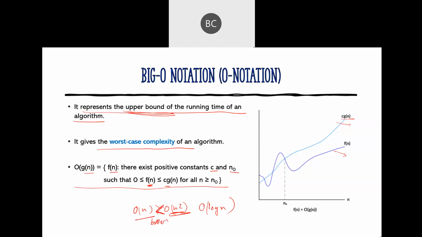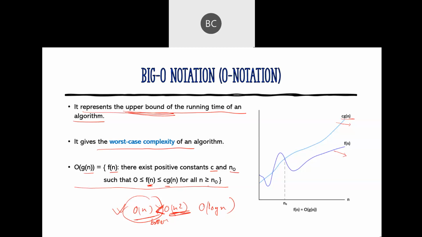So if you are writing two programs for the same solution and one algorithm is taking O(n) square time and one algorithm is taking O(n) time, that means the O(n) one is better. It takes less time. O(n) square means it is polynomial growth.